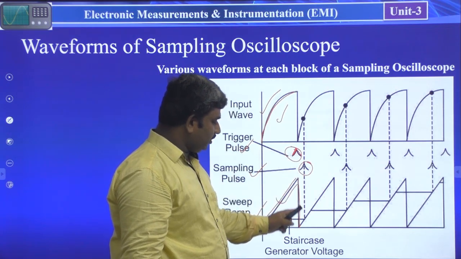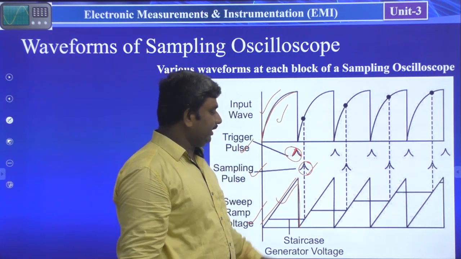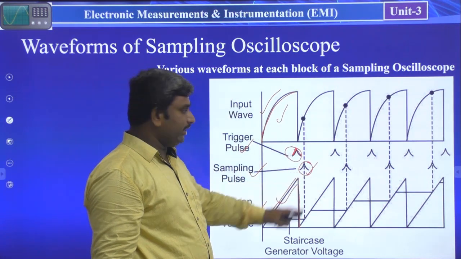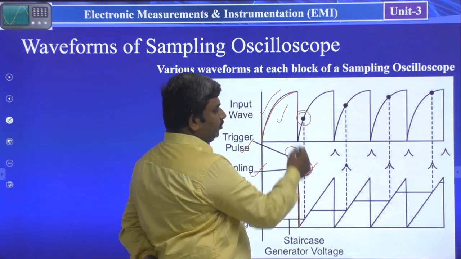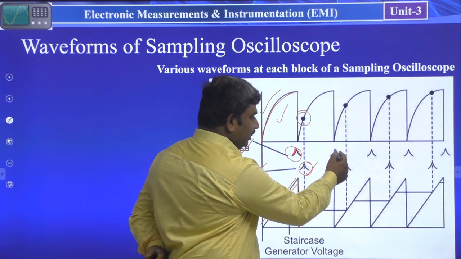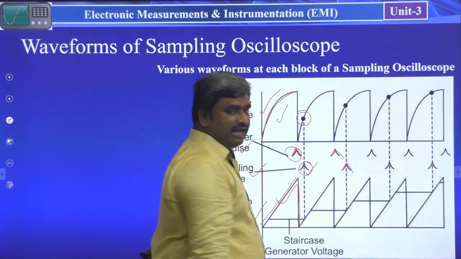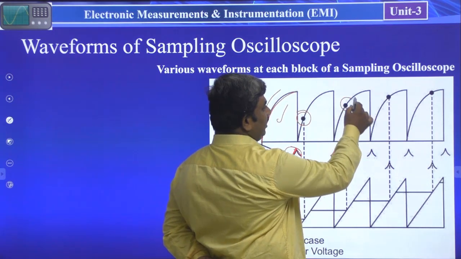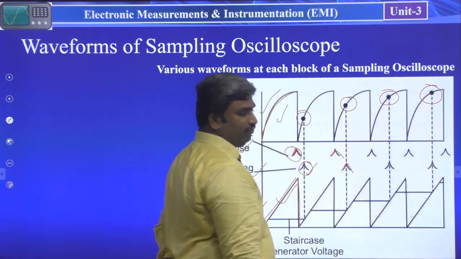After this fall down, you can see the sampling pulse generated here. Whenever the sampling pulse is generated, it will take some portion of this value. After some time, again the triggering pulse is given here, and here we have taken the sampling pulse. The sampling pulse takes one more piece of information here, one more here.